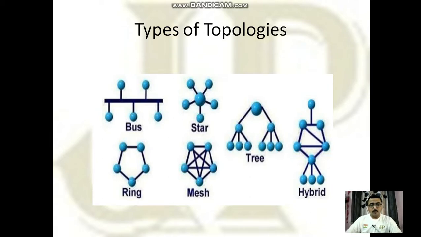While in mesh topology, each device is connected with all other devices with a dedicated wire. In tree topology, it looks like a parent-child relationship. And hybrid is the combination of all these previous topologies.